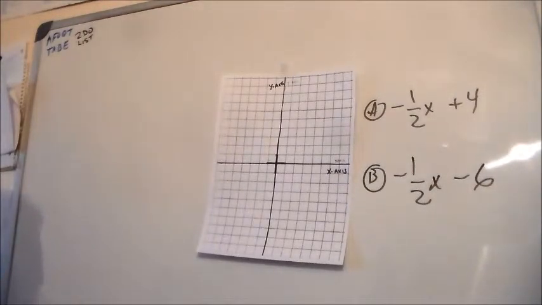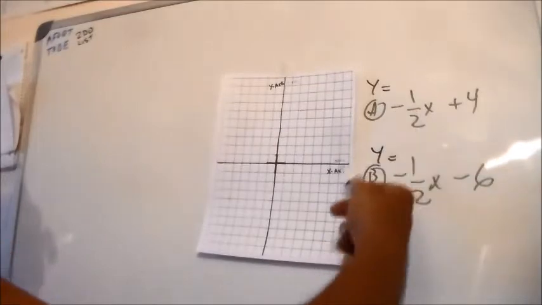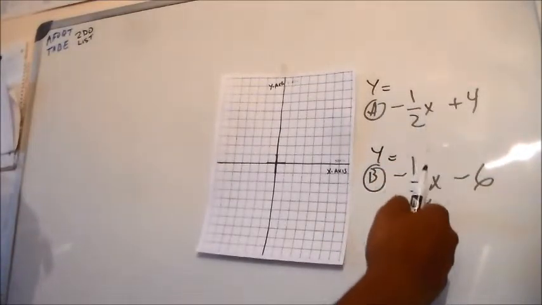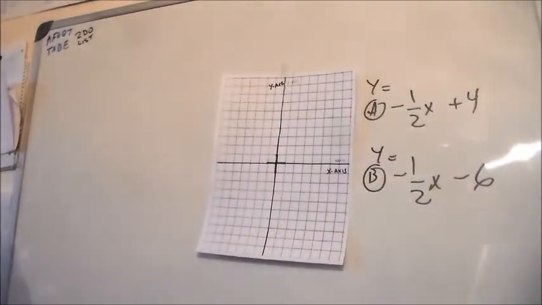Now, there's a couple things I should know at this point. I forgot to put y equals where the A is. Should be y equals where the B is: y equals negative 1/2 x minus 6. The slopes are the same.